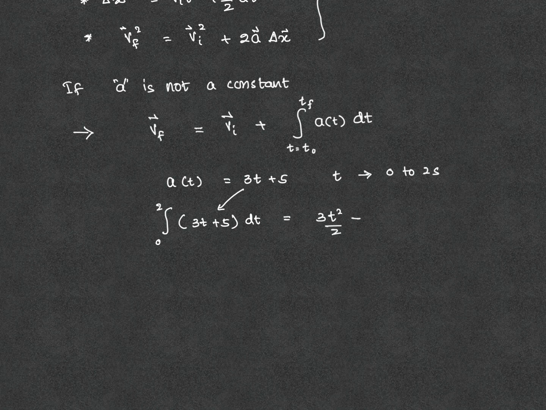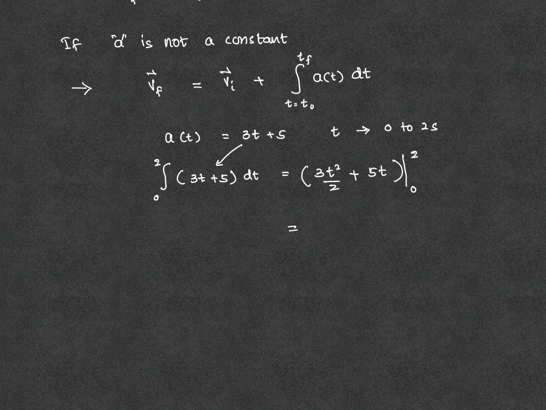Since this is a definite integral, you don't have to put the constant. Now you are applying the limits. So there you will have 3 divided by 2, upper limit is 2, so you will have 2 square, plus 5 times 2. And then when you substitute 0 in both places, you will end up with a 0.